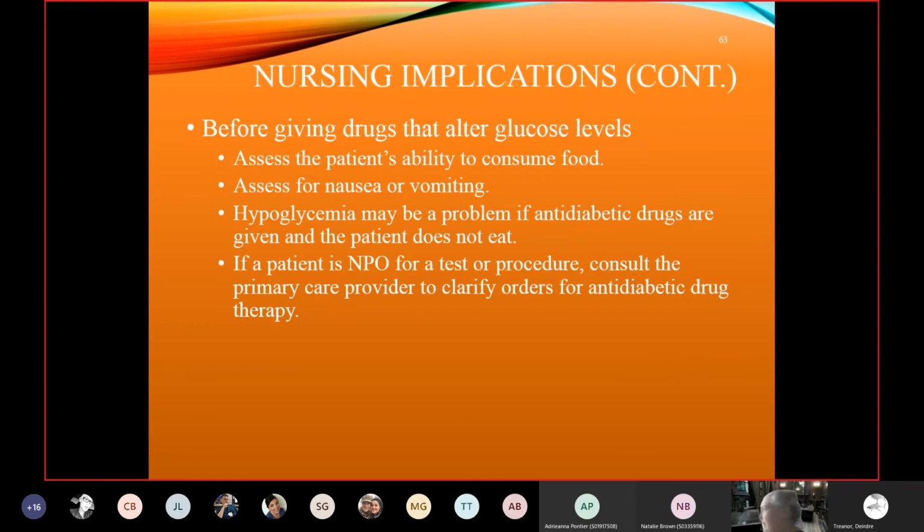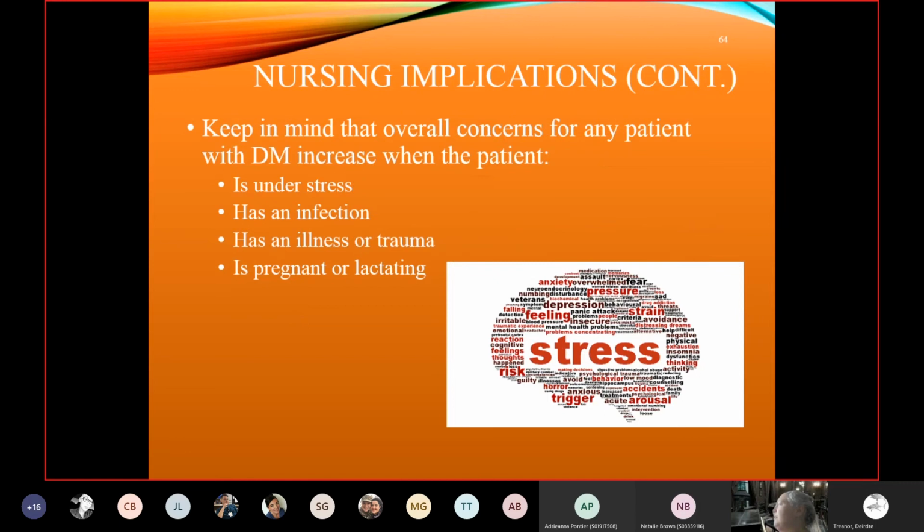Assess for any nausea or vomiting, because of hypoglycemia. If they're NPO, make sure you clarify if they're supposed to have any anti-diabetic meds. Overall concerns for any patient increase when the patient is under stress, because that increases glucose, has an infection because they need to be more maintained, an illness or trauma, and then, of course, pregnancy and lactating.